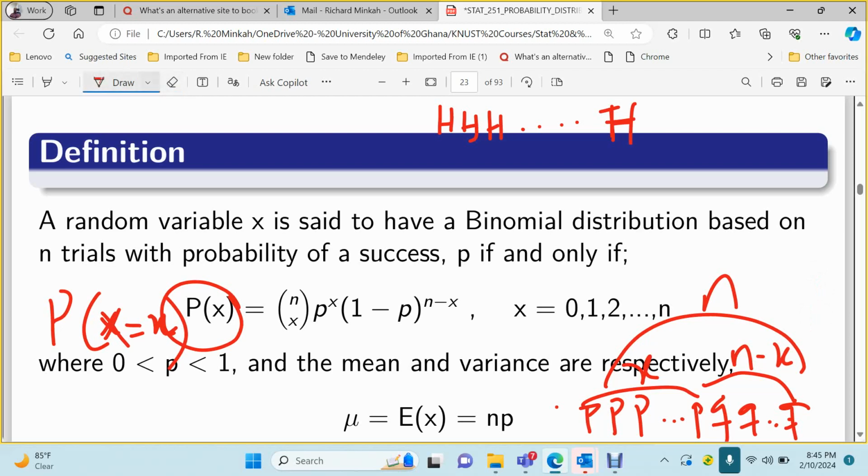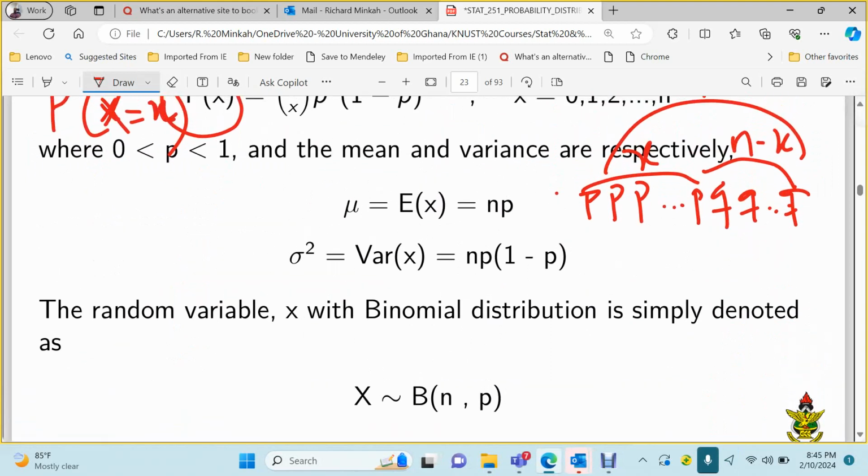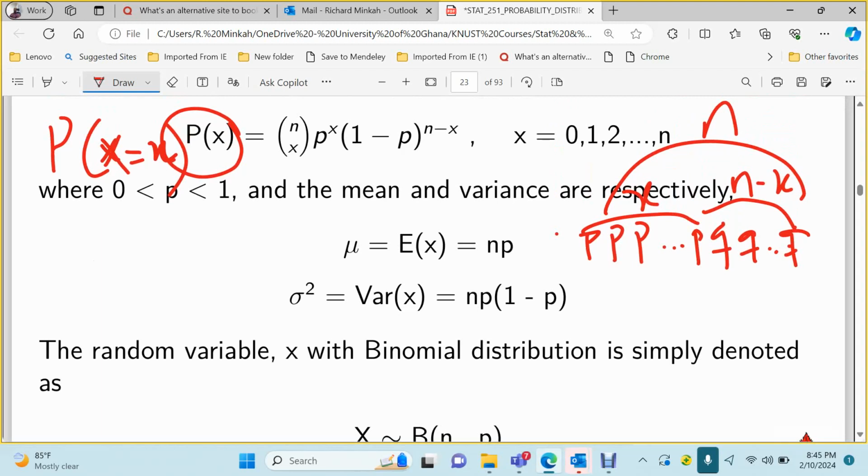Now, because I have p, and I am saying that they are independent, what is the probability of their joint occurrence? If two events are independent, what is the probability of their joint occurring?